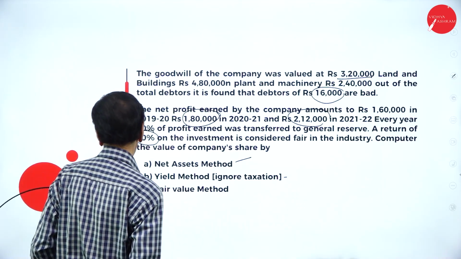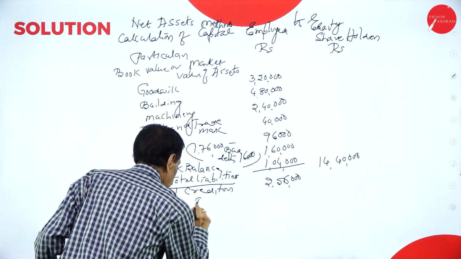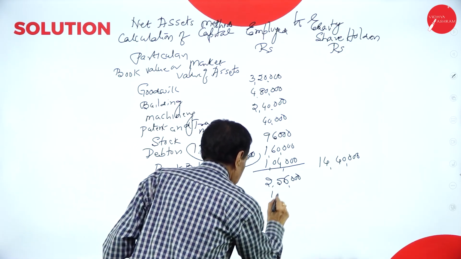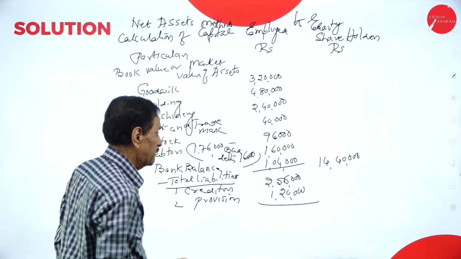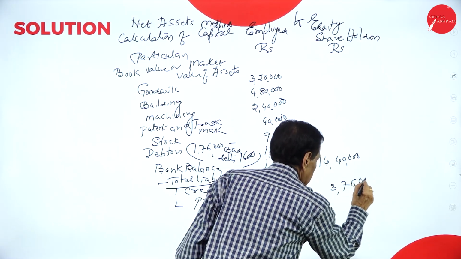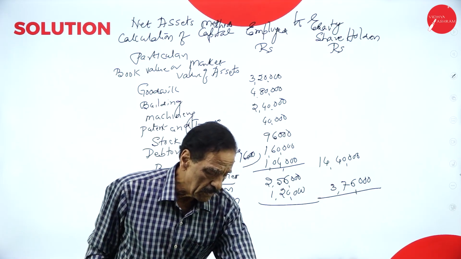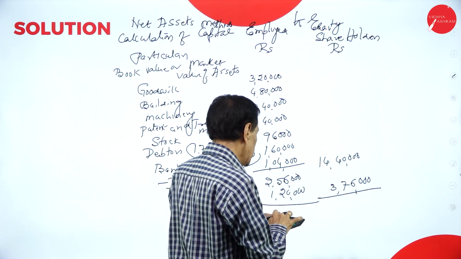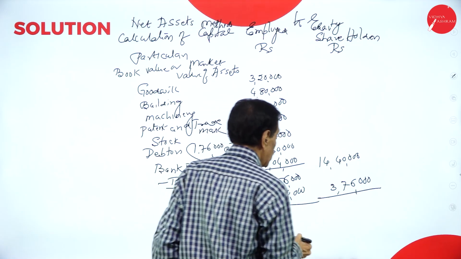Number two, provision 1,20,000. Total 3,76,000. Deduct: 14,40,000 minus 3,76,000 is 10,64,000.